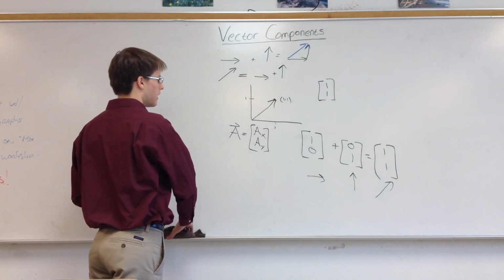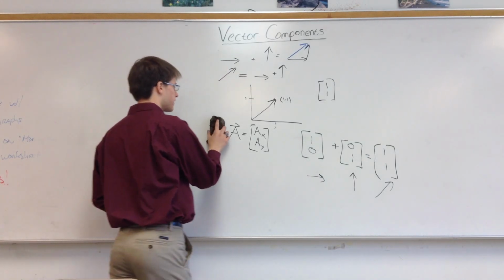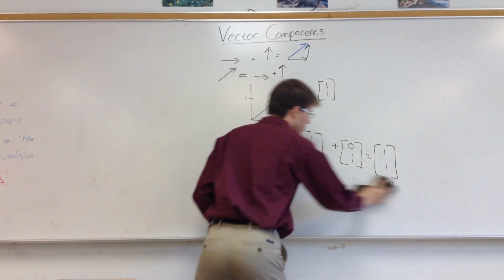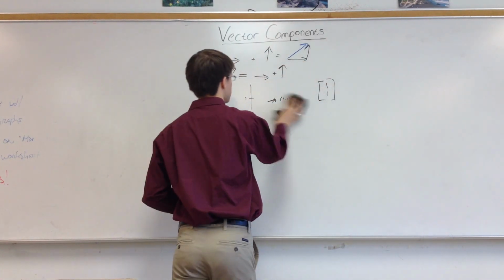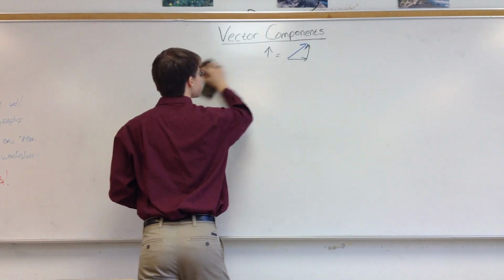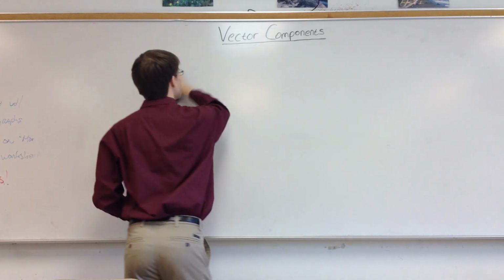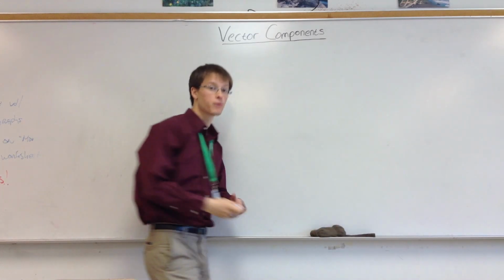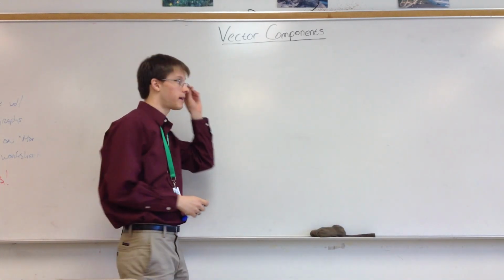So, to break a vector into components, which is what we really want to do, we want to get these two things from this one. And the reasons for that will make themselves apparent when we start talking about forces and motion and things like that.